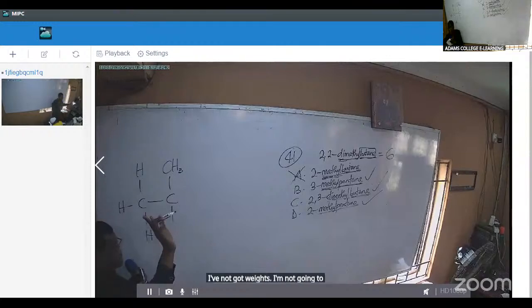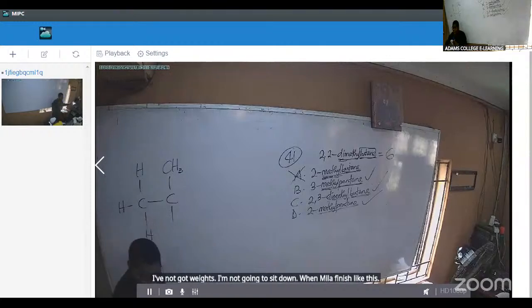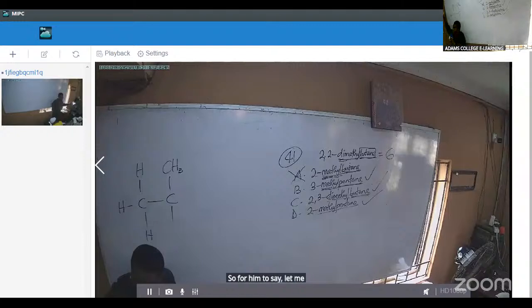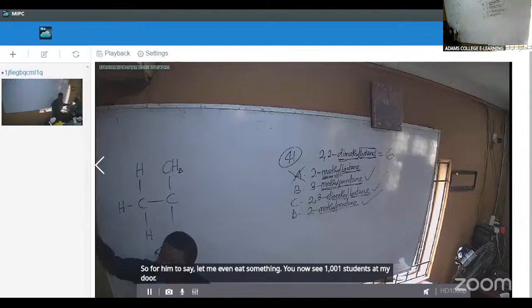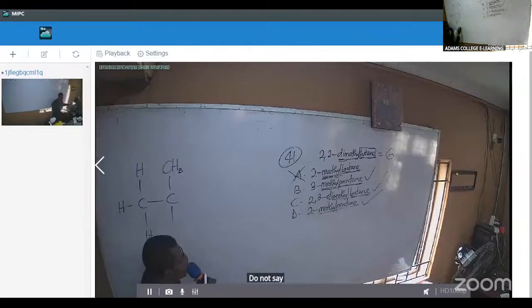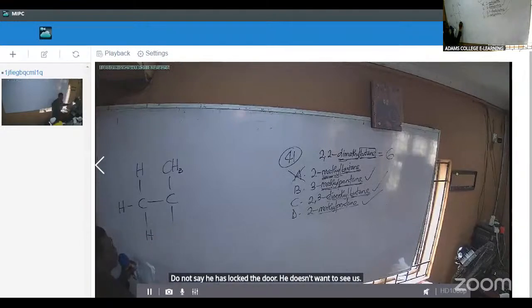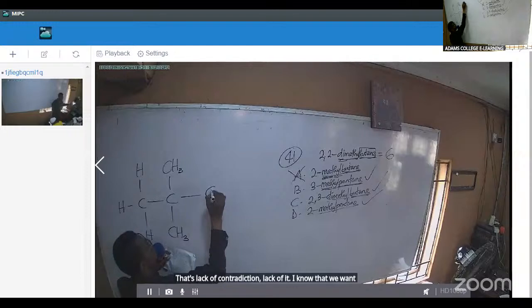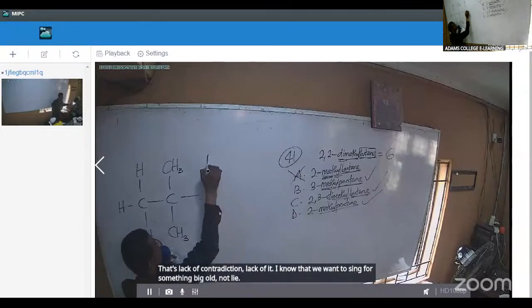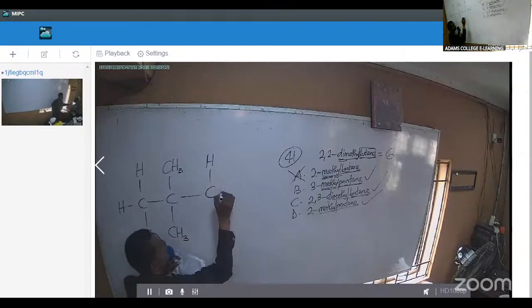Immediately I finish like this, just for me to say let me even eat something, you will now see 1,001 students at my door. They will say he has locked the door, he doesn't want to see us. That's lack of concentration. I know they want to see him for something big, oh, no lie. Sir, I would like to see you.